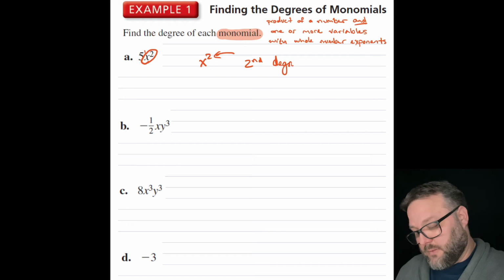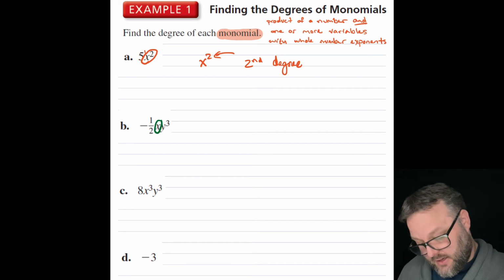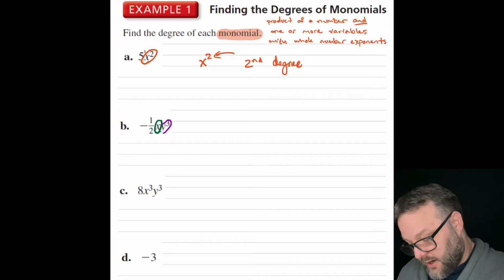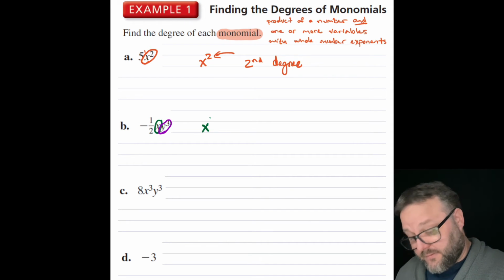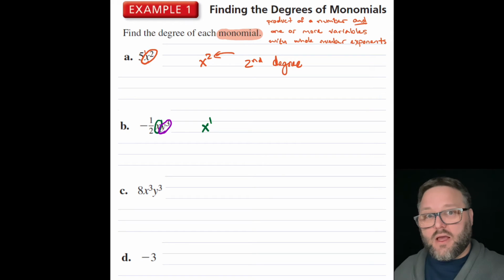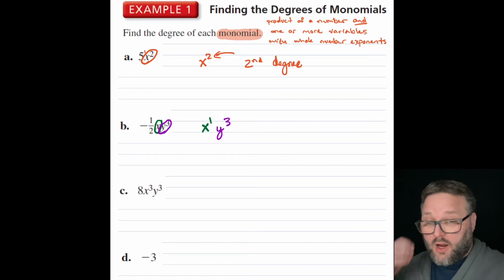And I apologize for my nose. It is clogged. All right, so down here, I need to see that there is x, and I need to recognize that there is y to the third. So I have x to the first. Remember, if there's not an exponent written, it is an exponent of 1. And we have y to the third.